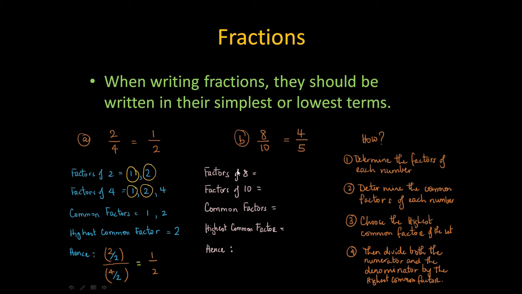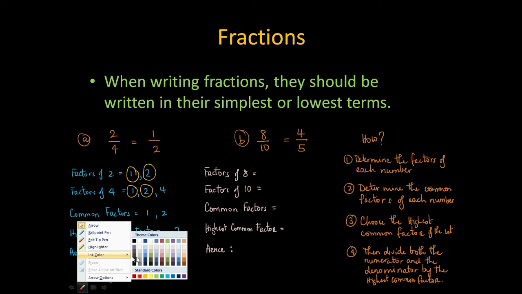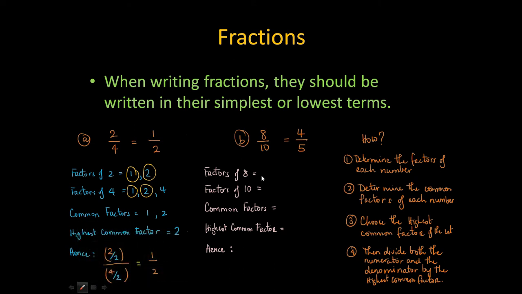How? First, we want to determine the factors of 8. Let's try this. So what you would do, you would say, well, 1 times 8, it always has 1. All the factors start with 1. So 1 times what will give you 8? 1 times 8 will give you 8.